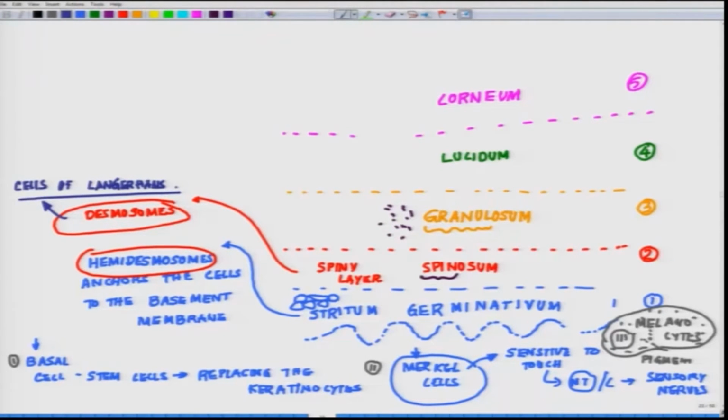These Langerhans cells are the ones which elicit immune reaction against microbes and prevent the skin from superficial skin cancer. These Langerhans cells are very interesting.